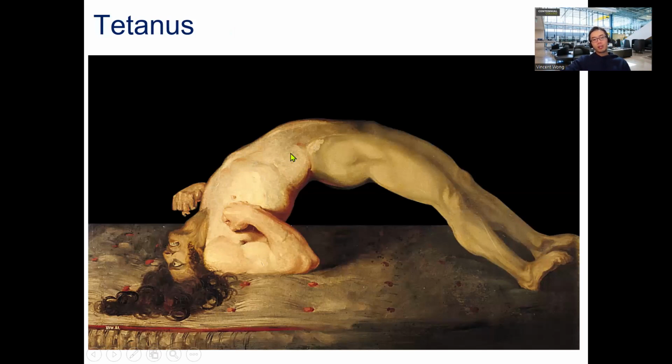This is an artist's depiction of soldiers who got tetanus during the World War, because of trench warfare. A lot of soldiers had to stay in the trenches for a prolonged period of time, and a lot of the bacteria in those trenches soaked through their wet boots, got into the wounds, and they ended up having tetanus.